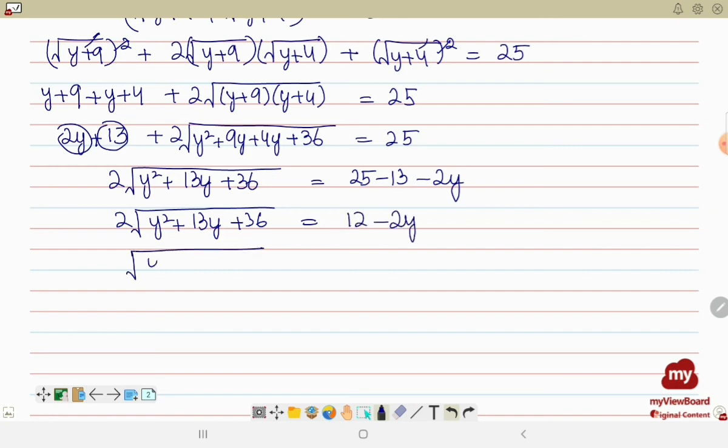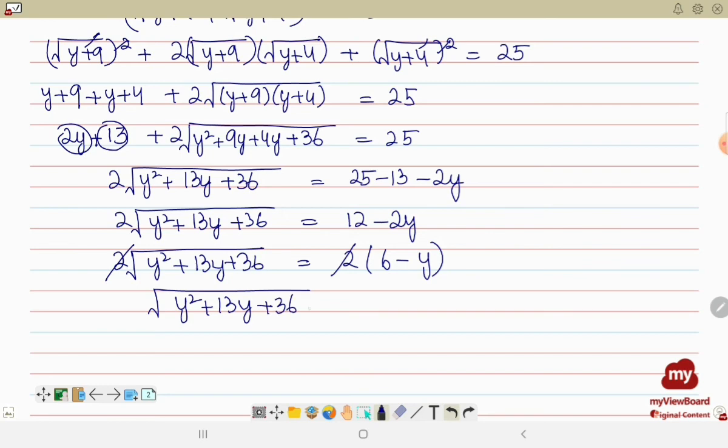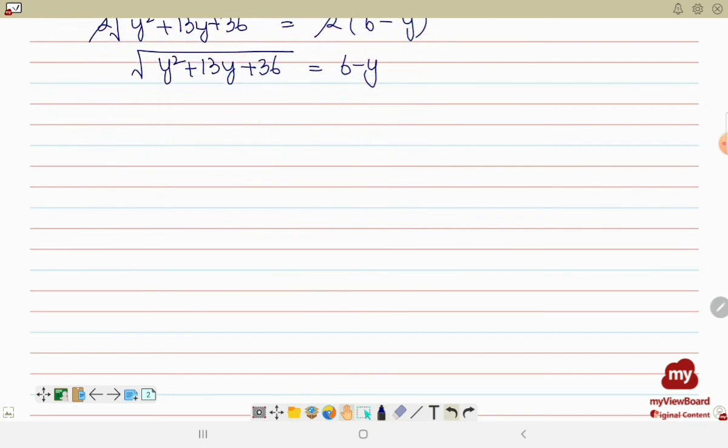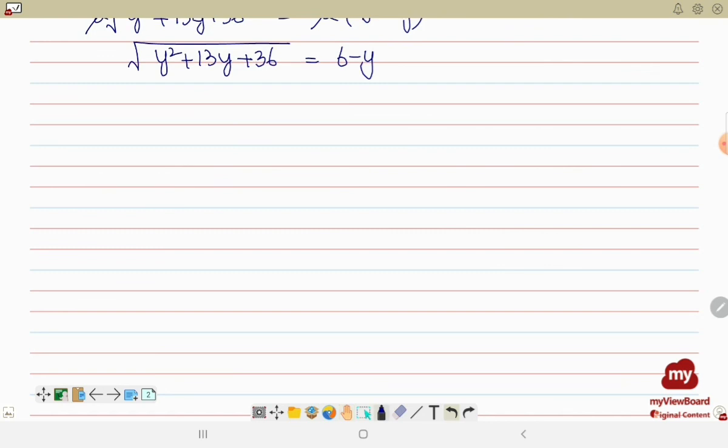And if you see, we can take this 2 to the other side, and before that we just take 2 as common factor from this side. 2 times 6 minus y. 2 will get cancelled on both sides, so we are left with root of y square plus 13y plus 36 equals 6 minus y. So we have converted our third type of radical equations to type 1.